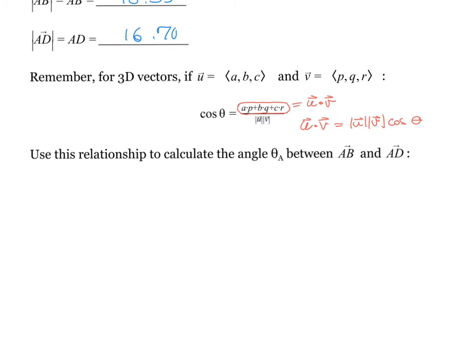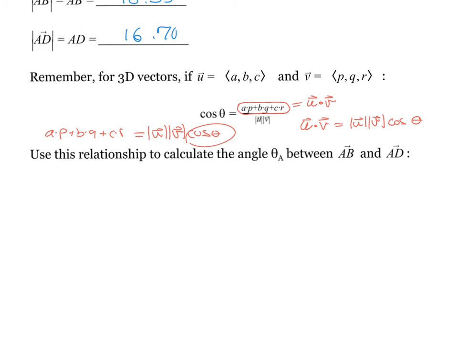So if this numerator is the dot product of u and v, what you could do is set that equal to the other way of calculating the dot product, and then solve for cosine of theta. This is a way of figuring out what angle is formed between the two vectors, which, if you can figure out the angle formed between vector AB and vector AD, well, that's the angle formed at the corner of the roof.